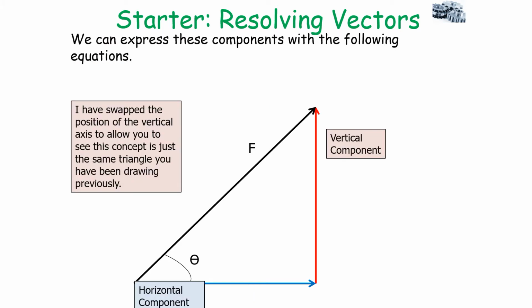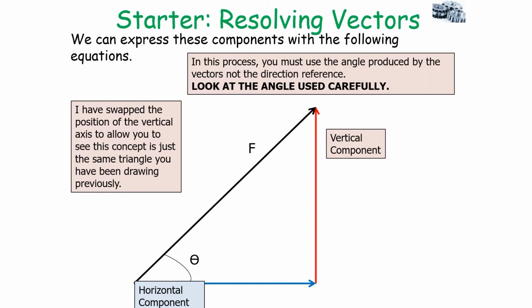Now just note, I've swapped the position of the vertical axis to allow you to see the concept that this is just a right angled triangle like we drew previously. Now again, in this process you must use the angle produced by the vectors and not the direction reference, so you've always got to look at the angle used carefully. So we can now describe our horizontal component as F cos theta and our vertical component as F sine theta.